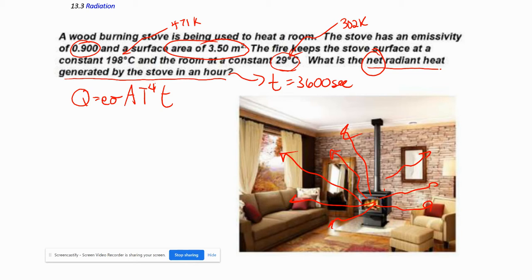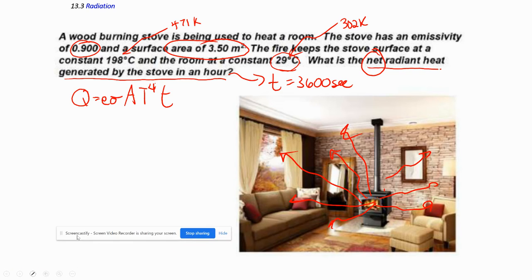We know that because it's hot, so it's going to radiate that heat. But what we don't want to forget about is not only does something radiate heat, it also absorbs heat. If you remember what I mentioned earlier, this emissivity also indicates how much it absorbs. So there is also heat going in to the stove. The stove is also absorbing heat from the environment.